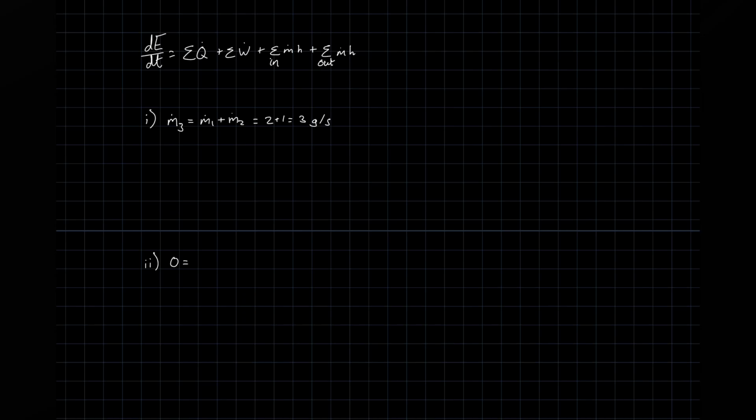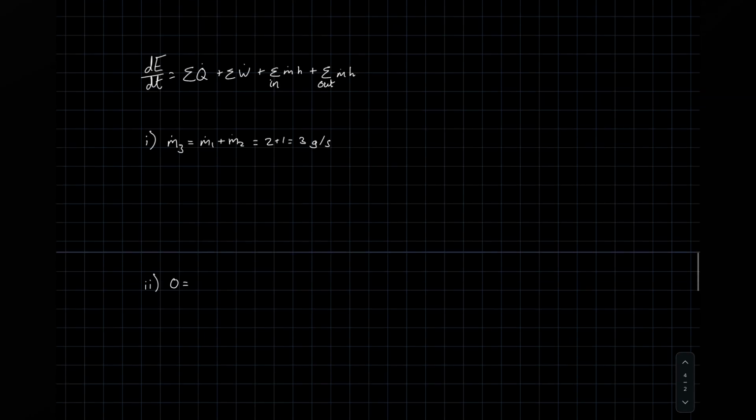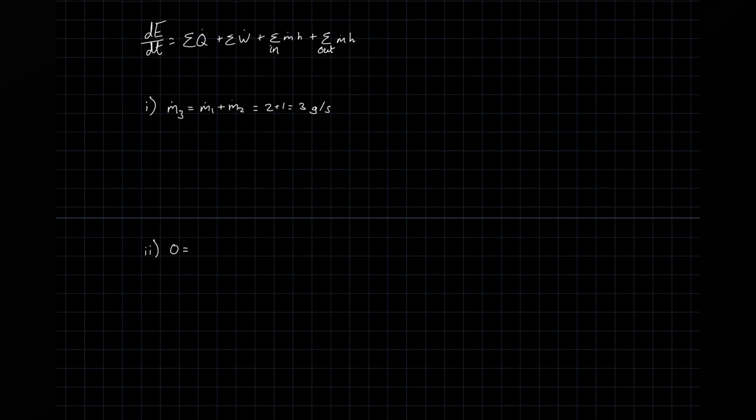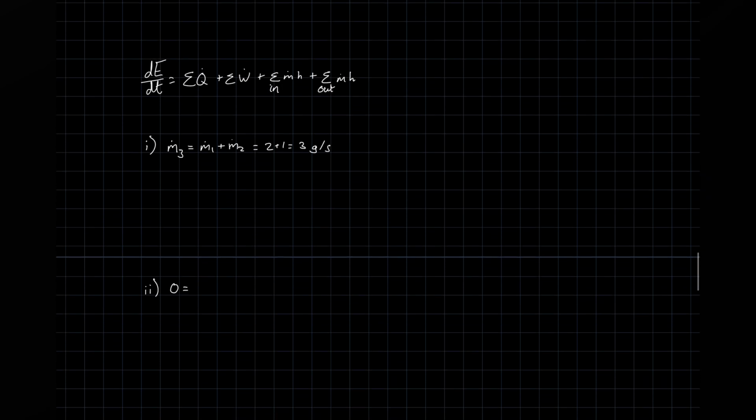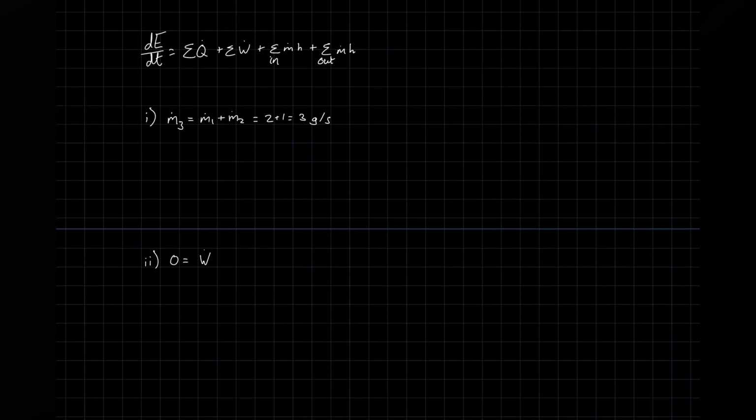We know that our heat flow is 0 because we were told there's no heat flow to the surroundings, and any heat flow within the system we can sort of ignore. So our work flows, we only have one, and that is the electricity that we're taking out. So W dot elec.